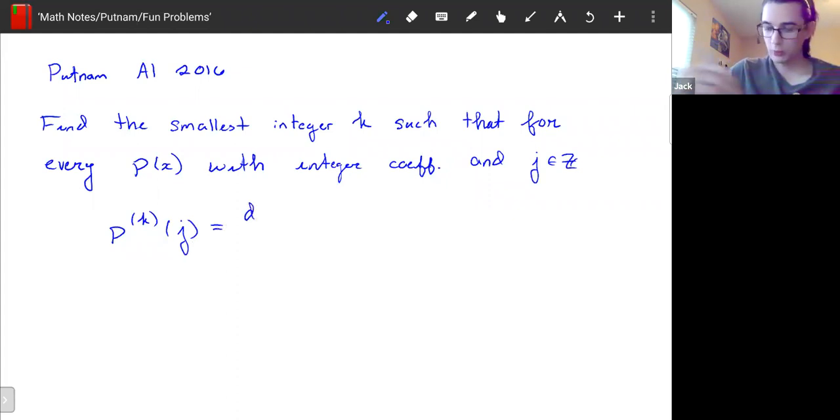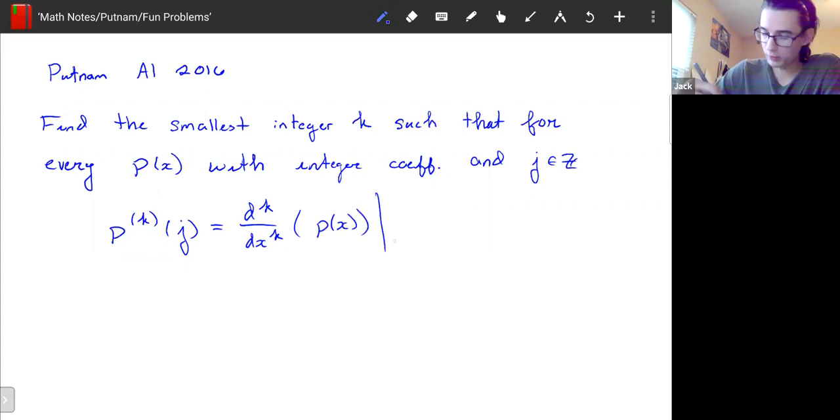equals, right, and this is just the notation for the kth derivative. So this could just be rewritten as d^k over dx^k of p of x, and then we're just going to evaluate this whole derivative at x equals j, right?